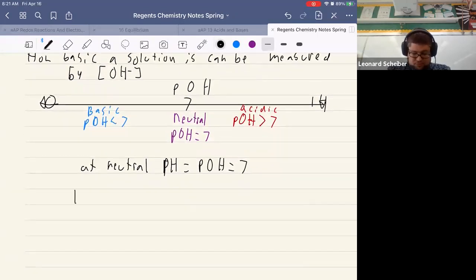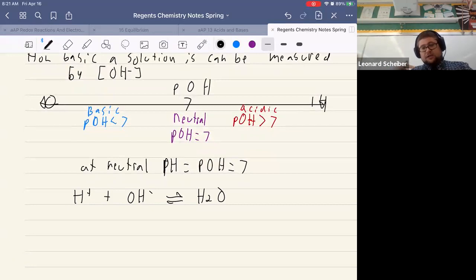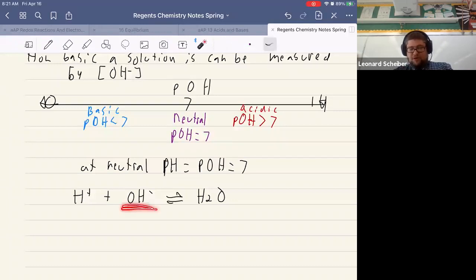Well, H plus plus OH minus is in equilibrium with H2O. So if we have more H plus, it's more acidic. If we have more OH minus, it's basic. But the cool thing is, because these are in equilibrium, if one goes up, the other, according to Le Chatelier's principle, is going to go downwards, right?